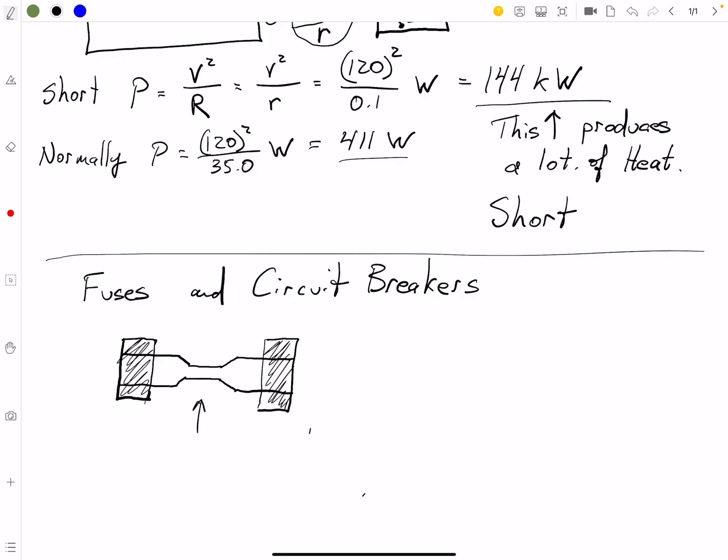It's necked down so that they limit the amount of amps that can go through this fuse. Okay, so on one end, we're connected to the wire that goes to the power, and then this goes to our object. And then this middle part, of course, is sealed, vacuum sealed.